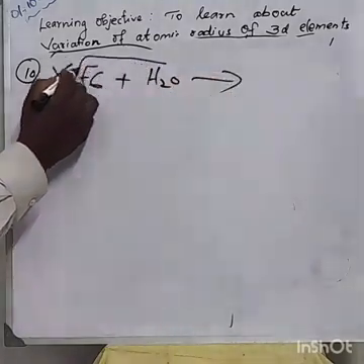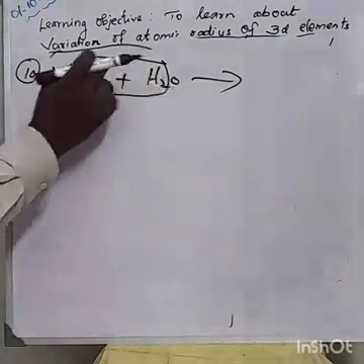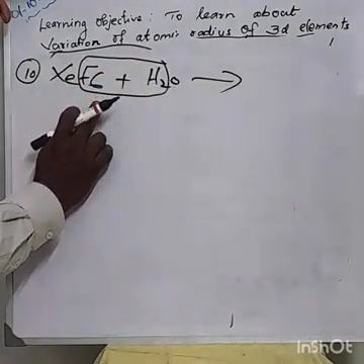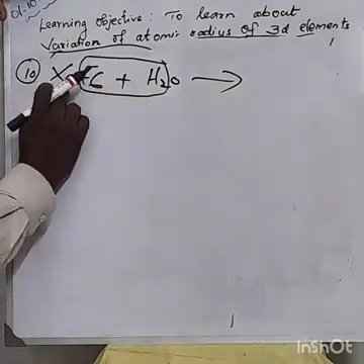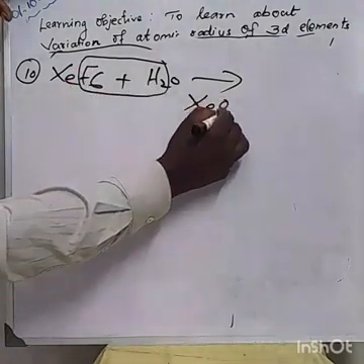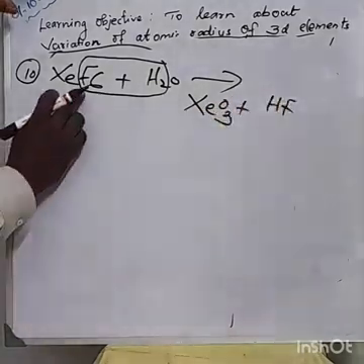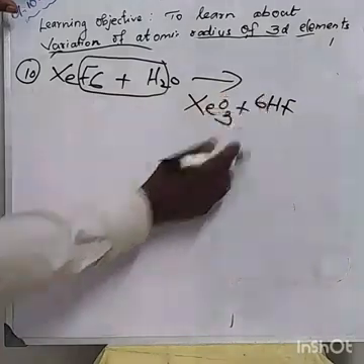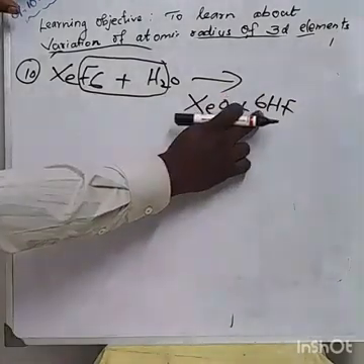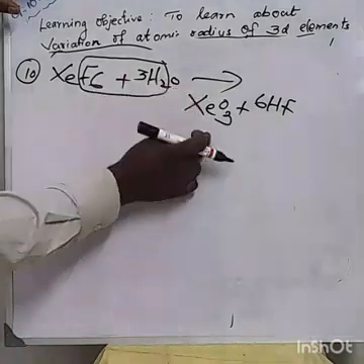Hydrogen combines with fluorine to form hydrogen fluoride. What's the remaining product? Xenon combines with oxygen to form xenon trioxide. How much fluorine is there? 6 fluorine. So make it 6 here. How much hydrogen? 6. So make it 3 here. How much oxygen? 3 oxygen. Equation is balanced.